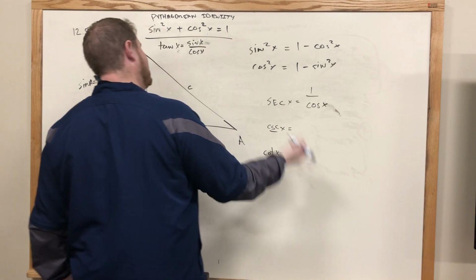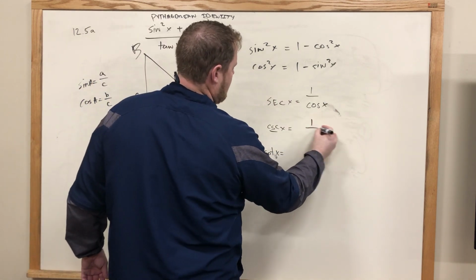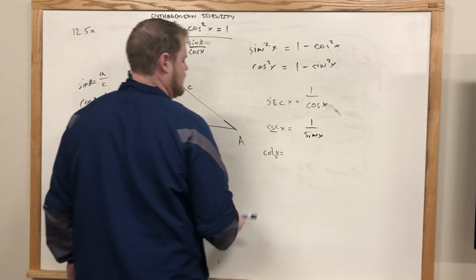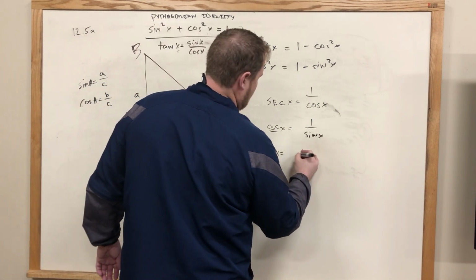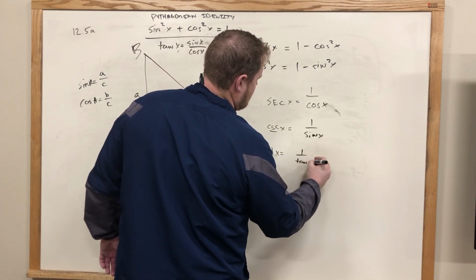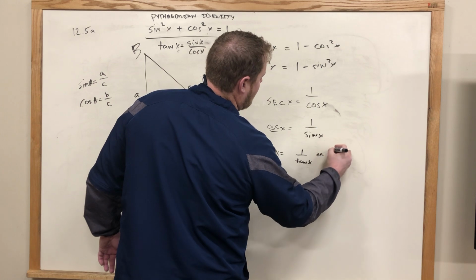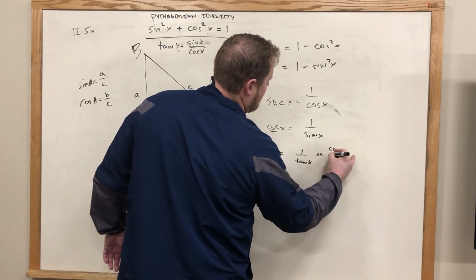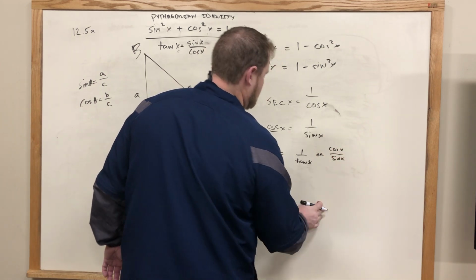Cosecant is the opposite of sine, which is 1 over sine x. And cotangent is really 1 over tangent, or cosine x over sine x.